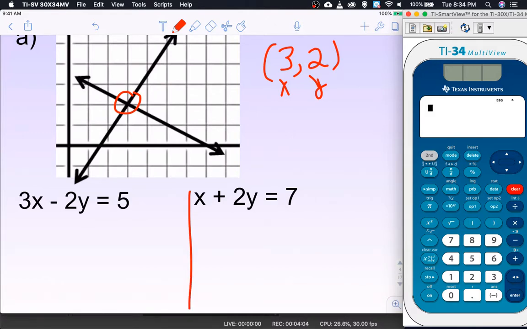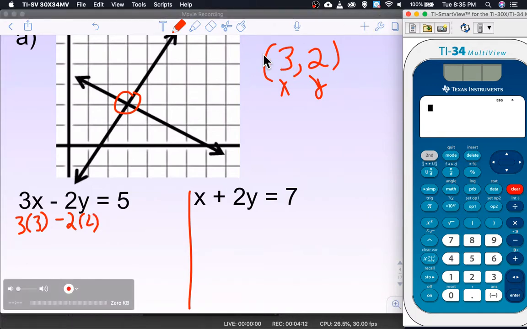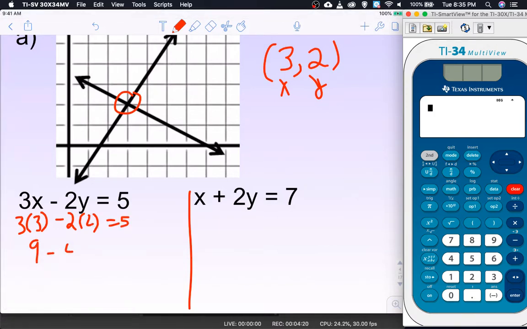So 3 times the x value, which was 3, minus 2 times the y value, which was 2, equals 5. I'm plugging in 3 for x and 2 for y. 3 times 3 is 9, 2 times 2 is 4, and yes, 9 minus 4 does equal 5. That math checks out.